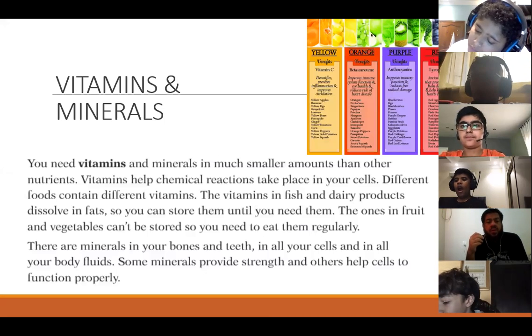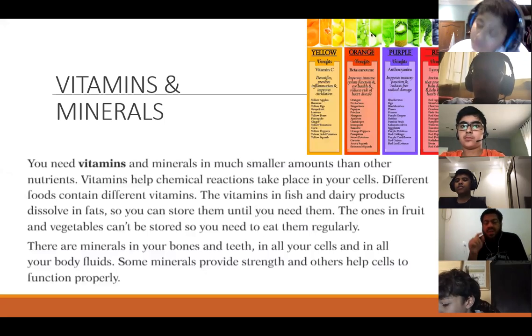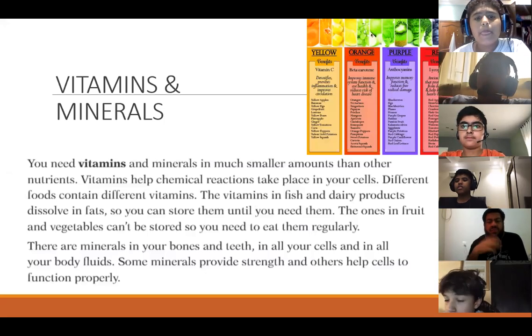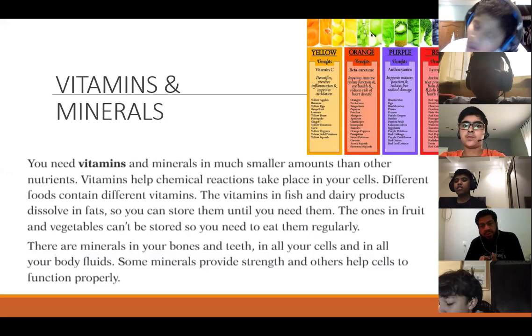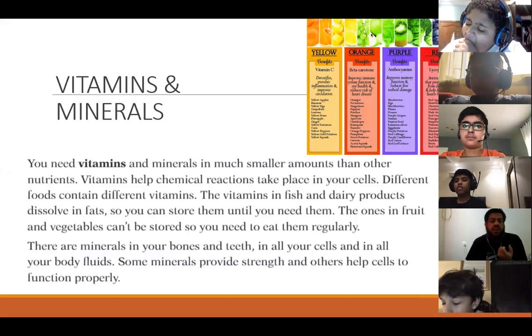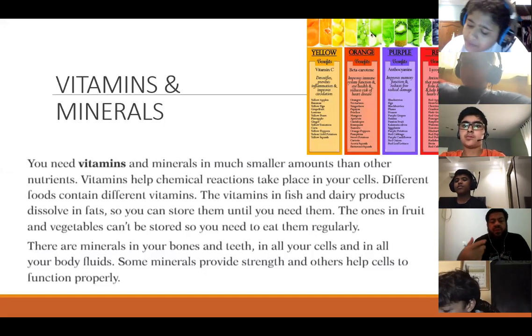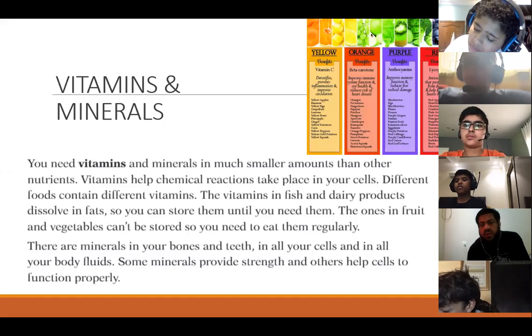Plus, when the muscles are utilizing that energy, it's a chemical reaction. The food digesting in our body is a chemical reaction. So vitamins are needed here. Sometimes the vitamins can be stored and utilized when you need them, and sometimes they cannot be stored. They have to be regularly utilized on a daily basis.